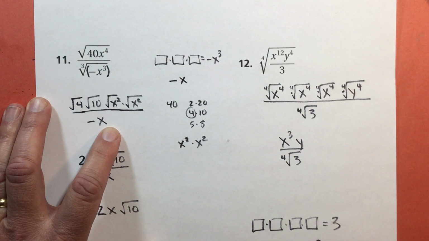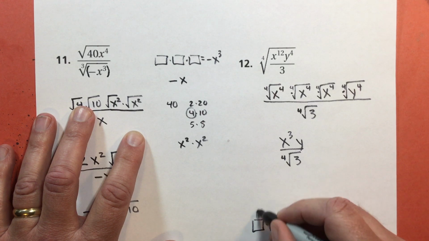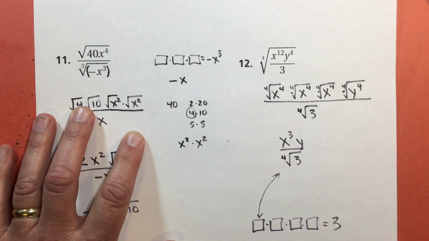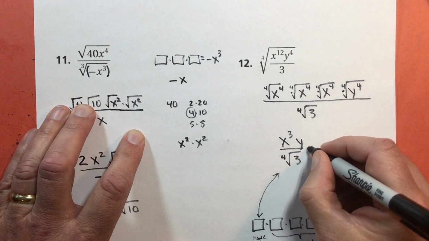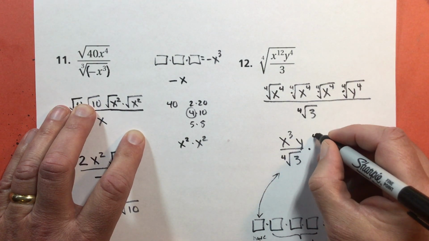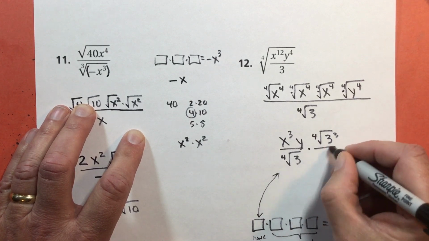It's going to be irrational. What I have right here is this one. What I need, I have this one. I need these, the other 3. So I'm going to multiply by the 4th root of 3 to the 3rd power.